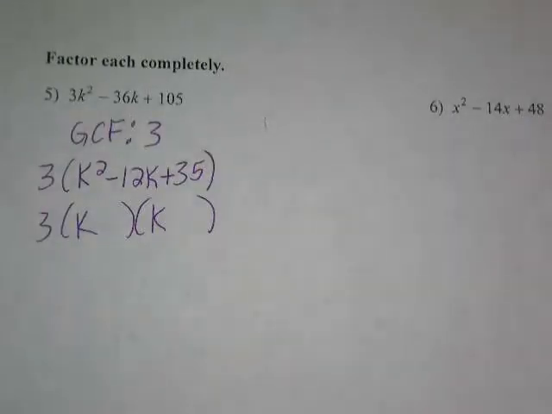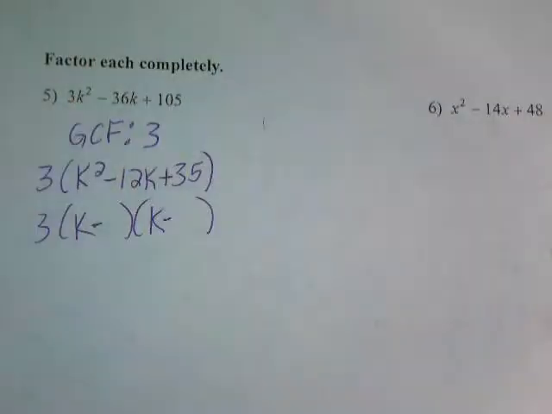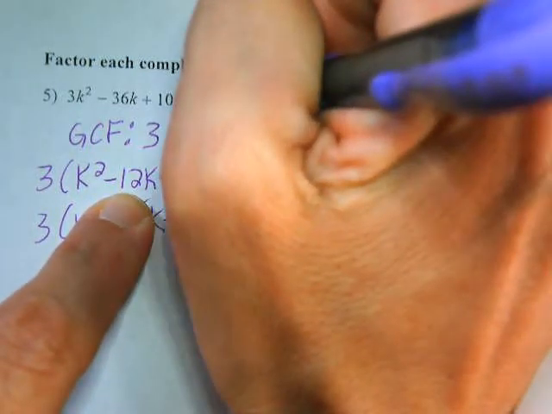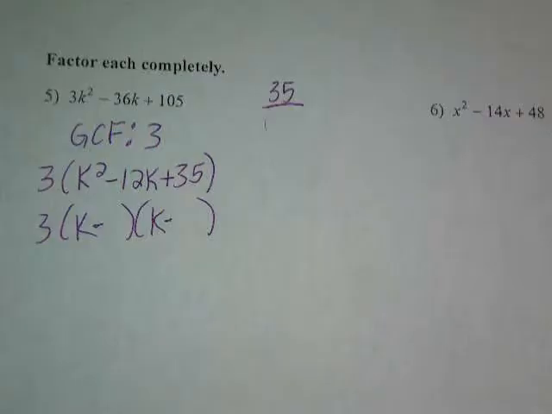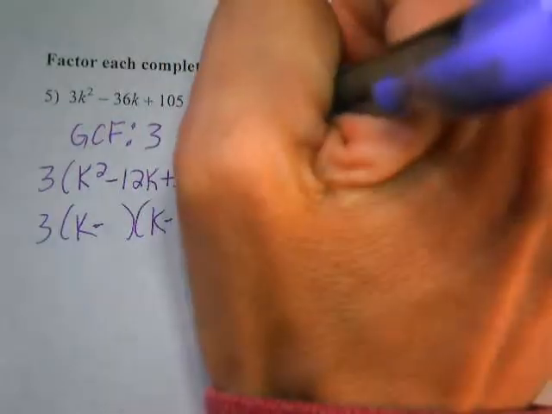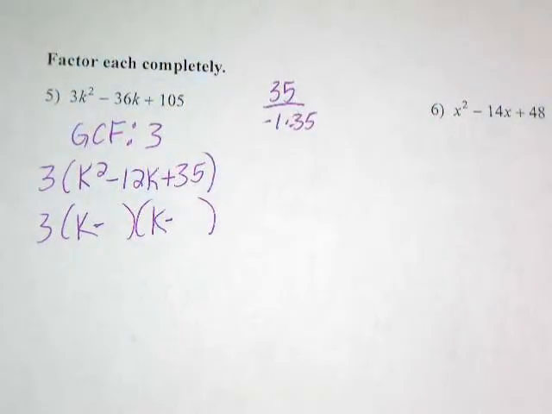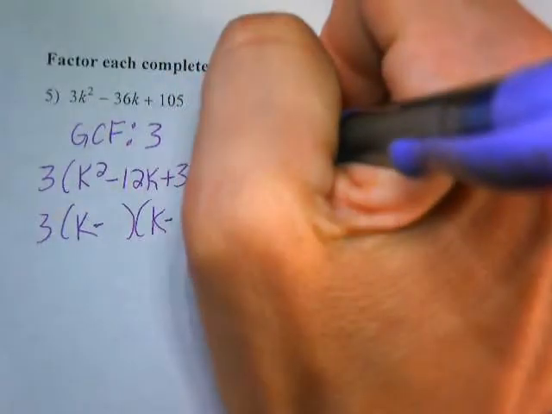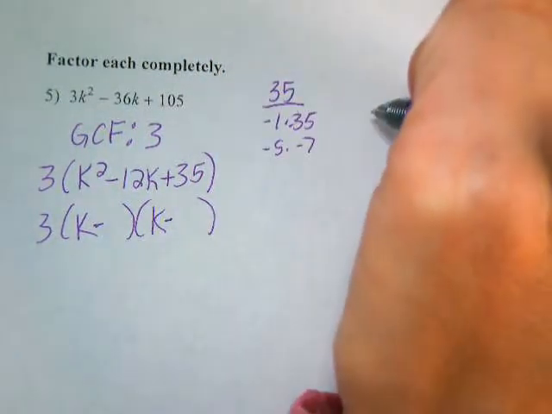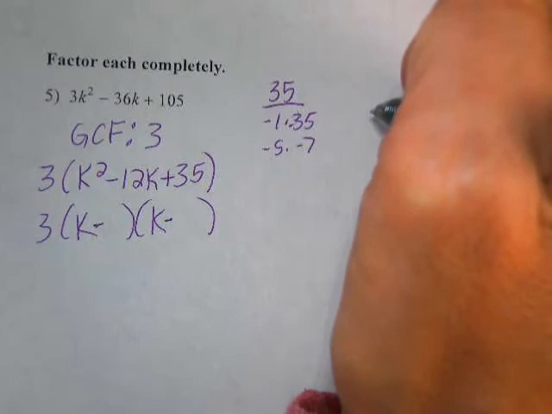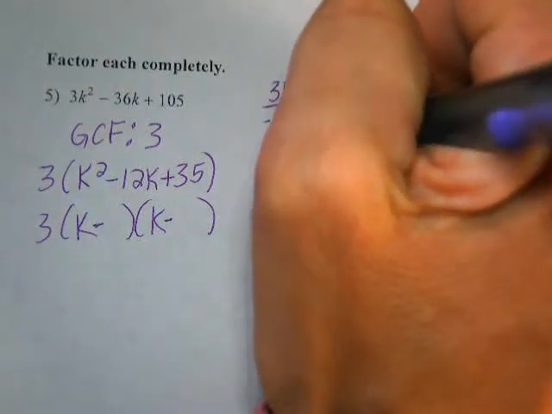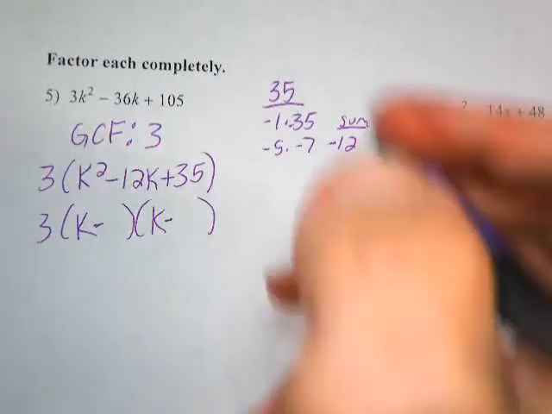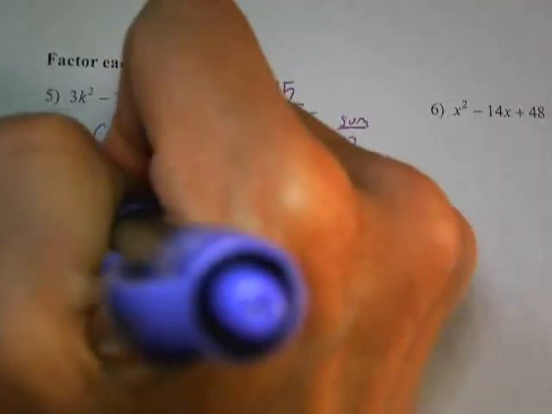So we have a negative and a negative here, which means when we list our factors of 35 that add to negative 12, negative 1 times negative 35 is not going to give me negative 12. I could say, well, negative 5 times negative 7, that's going to give me negative 12. So negative 5 and negative 7.